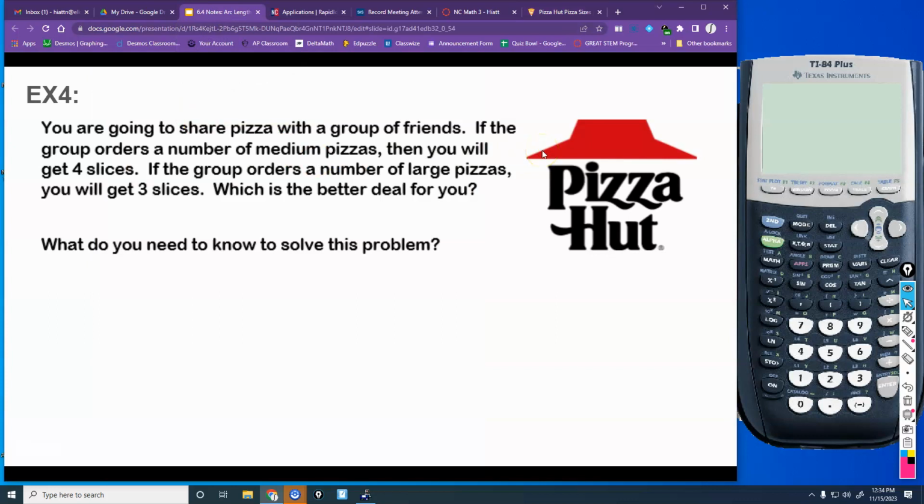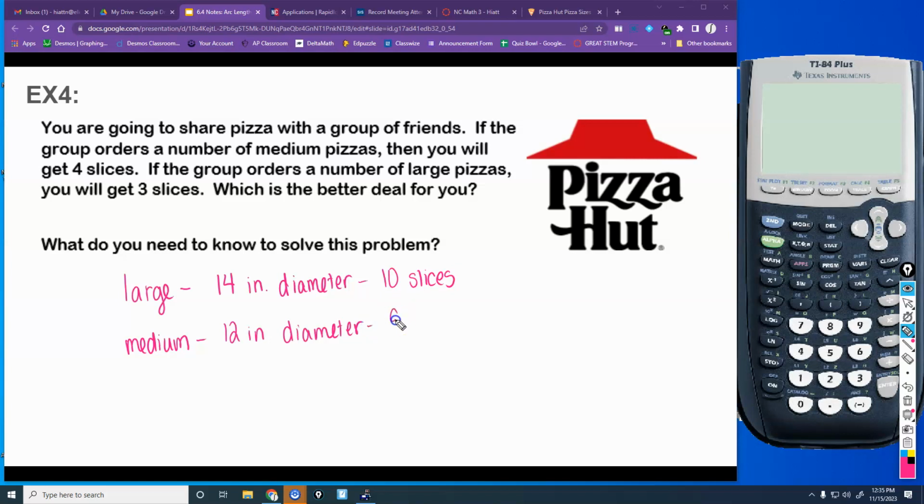All right, let's write down our information. Large, we've got a 14-inch diameter, 10 slices. And medium, we've got a 12-inch diameter, 8 slices.